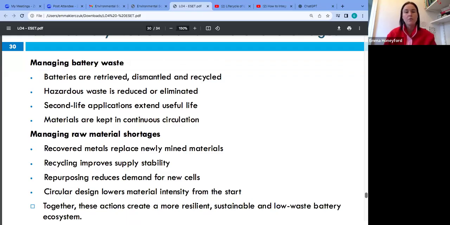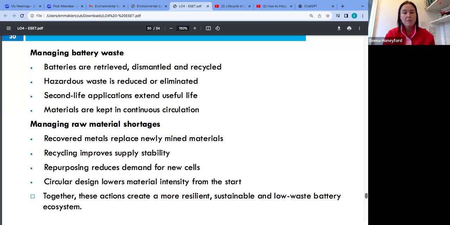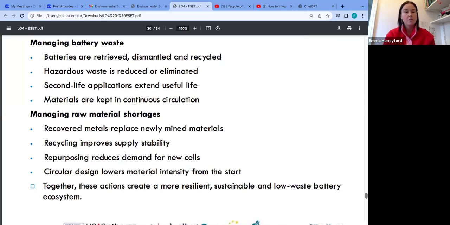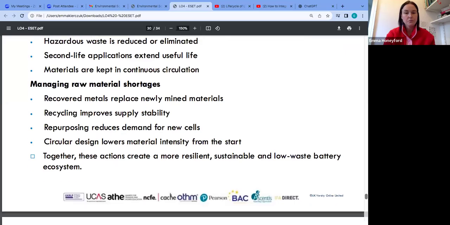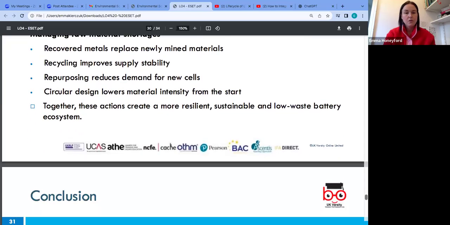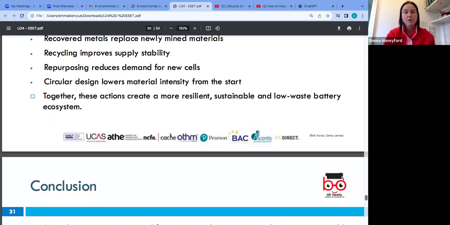So this is why it's really important that we encourage circularity principles to become more self-sufficient. Recycling improves supply stability. Repurposing reduces demand on new cells. Together these actions create a more resilient, sustainable and low waste battery ecosystem.